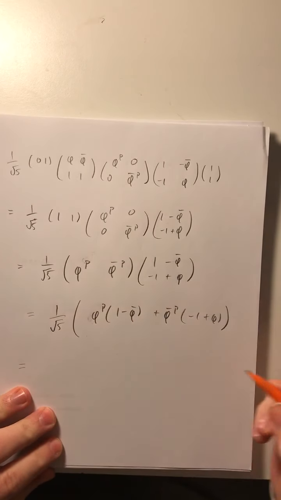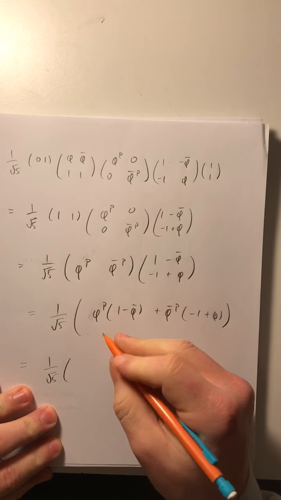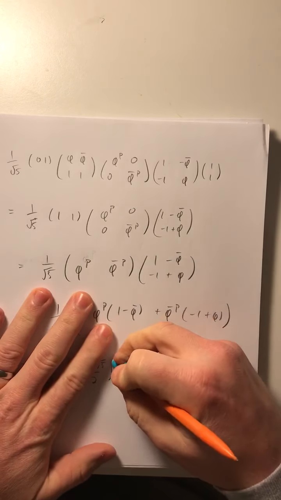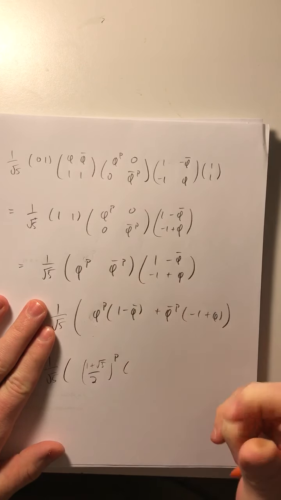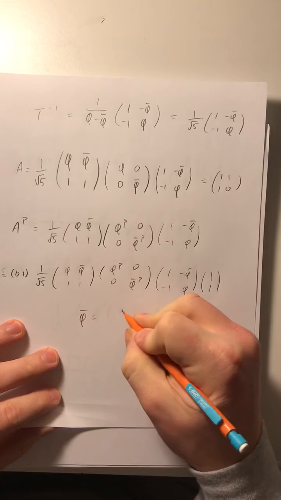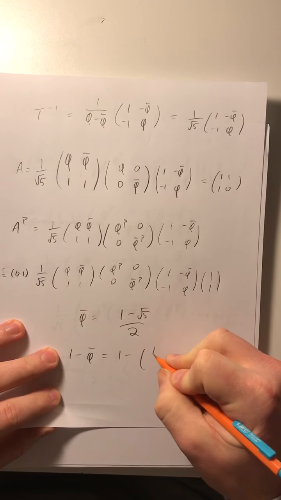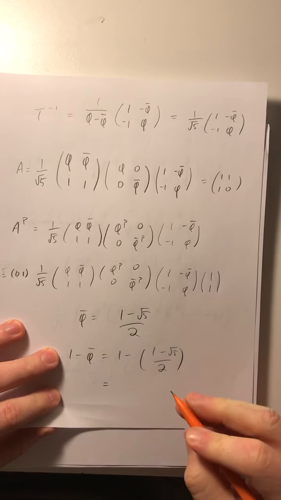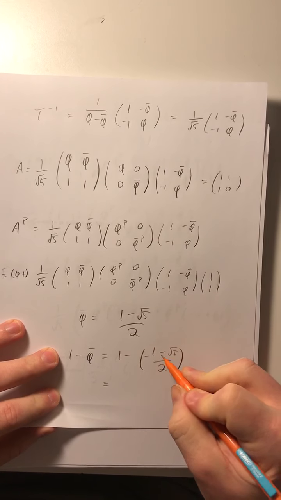So now I'm going to recall phi is 1 plus the square root of 5 over 2, to the power P. So this is phi to the P, and then I want to be careful. This is a lot of work to mess up now. So phi bar is 1 minus the square root of 5 over 2. 1 minus phi bar is 1 minus the square root of 5 over 2, which is, distribute the minus, I get a minus plus.